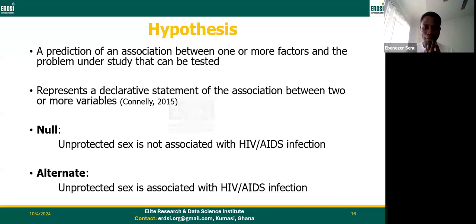Someone is asking, does that mean that you state your research question in both the background and when you get into the research question after the list? No, in the background, you don't really state the research question.